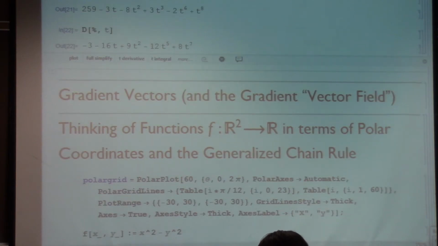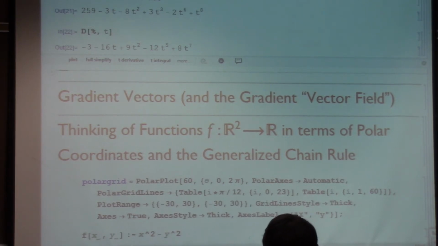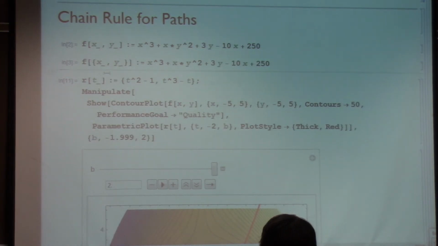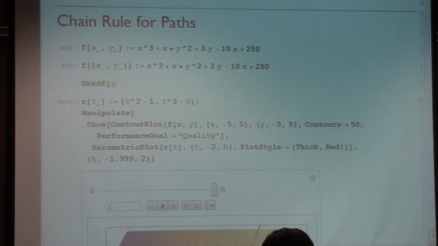Now let's try checking that this gives us the same thing that the chain rule for paths does right here. Let's go back and look at the formula for f. Let's type in a function that's going to represent the gradient. And I think I want the input as a list.